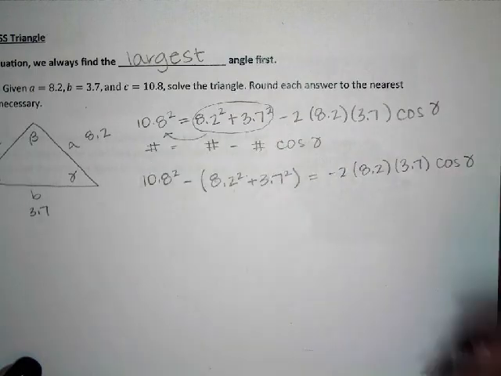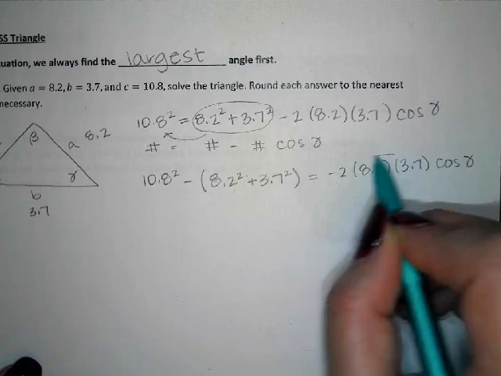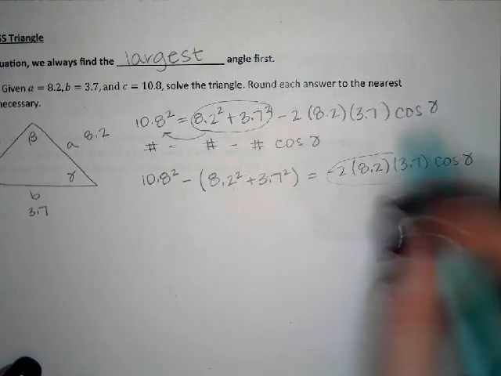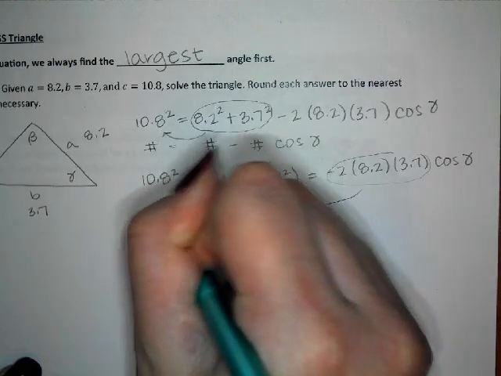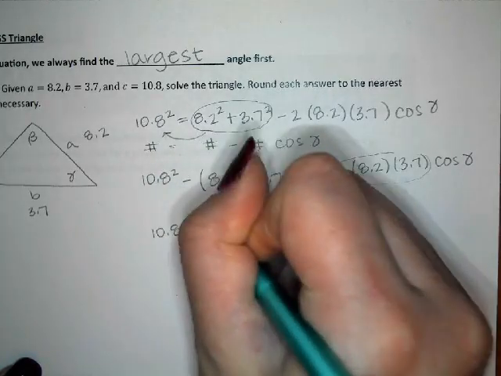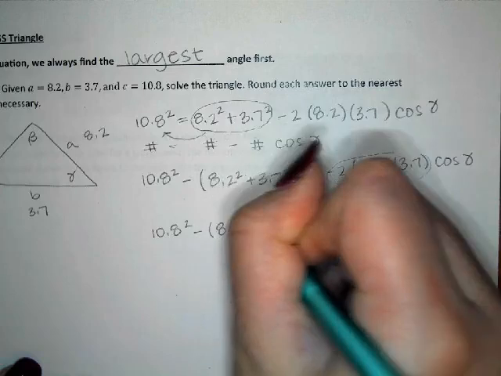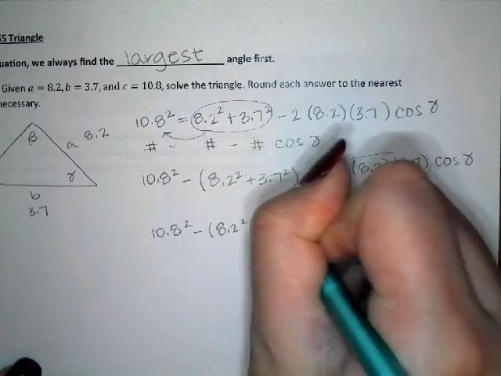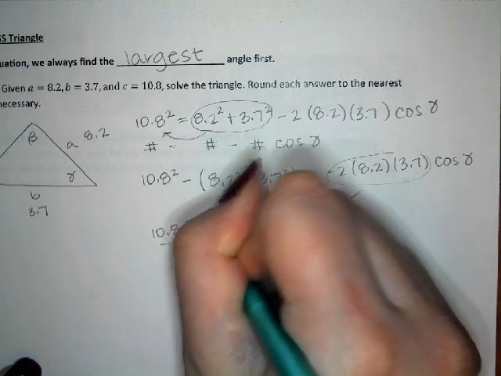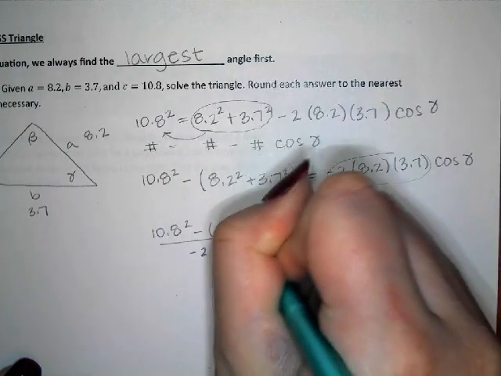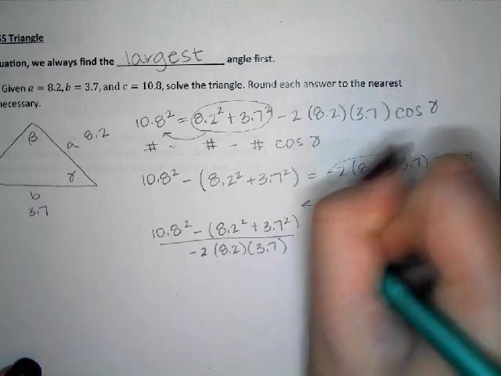So then I would take this whole coefficient and I would divide it over. So 10.8 squared minus 8.2 squared plus 3.7 squared, divided by -2 times 8.2 times 3.7 is cos gamma.